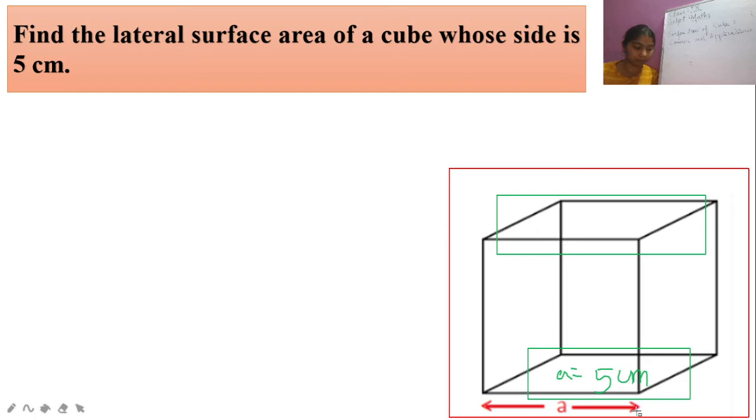What is the formula for the lateral surface area of a cube? That is 4a square, right? So we will use this. We know that the side is 5, so 5 into 5, that is 5 square, and 4 into 25. Tell me the answer. It is in centimeter square.